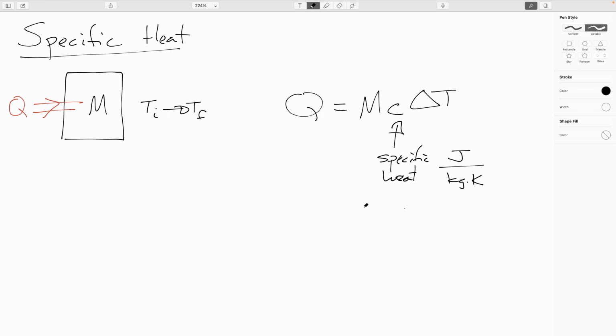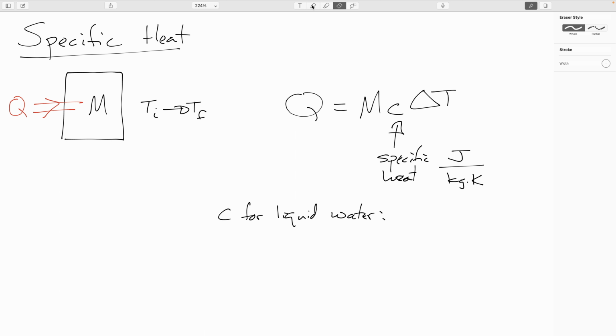So as a quick point of reference, the specific heat for liquid water, in the sorts of units that physicists like, joules, kilograms, and kelvins, is 4,184 joules per kilogram Kelvin.